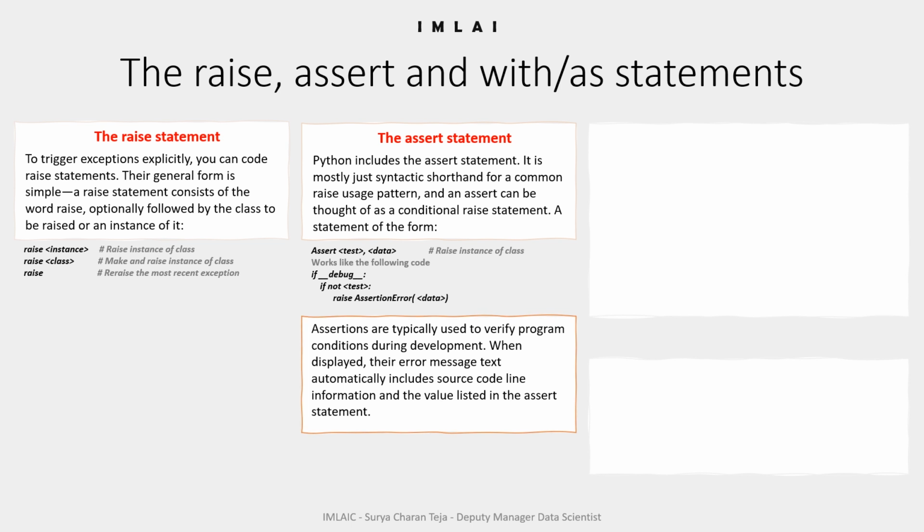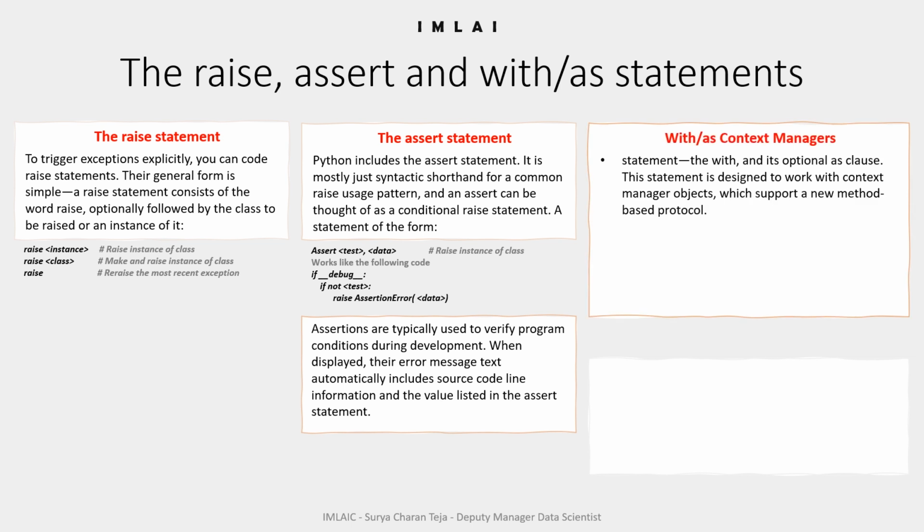When displayed, their error message text automatically includes source code line information and the value listed in the assert statement. We will create the file asserter.py and test it later in this session once we are done with the theoretical aspect of the with/as statement.